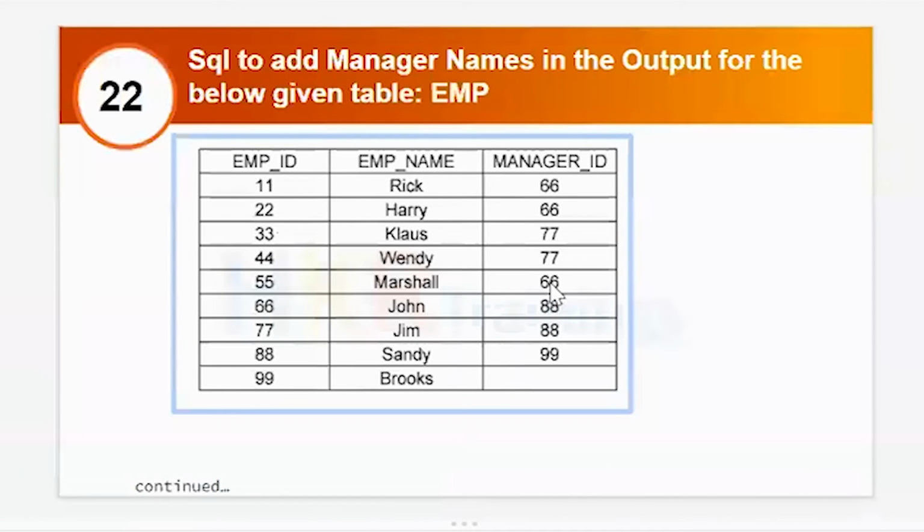Now we want to populate another column, manager name, on the right hand side. To do that, we have to use a self join, because we are only talking about one single table here, employee. Now we are trying to treat this table as two different tables. One table where we have the employee details and the other table where we have the manager details.